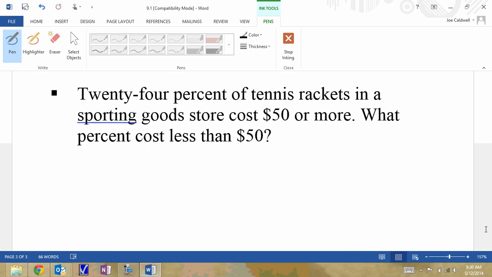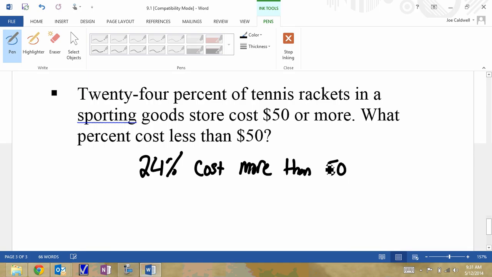Basically, if 24% cost more than $50, there's actually not a whole lot of math to do here. We just need to know how many percents we can have. So 24% costs more than $50. Everything has to add up to 100 when you're talking about percentages.